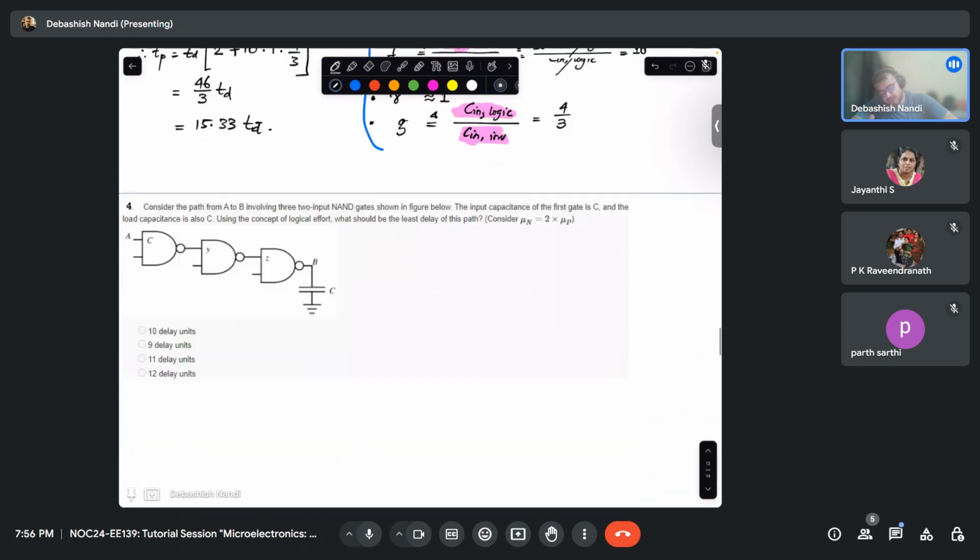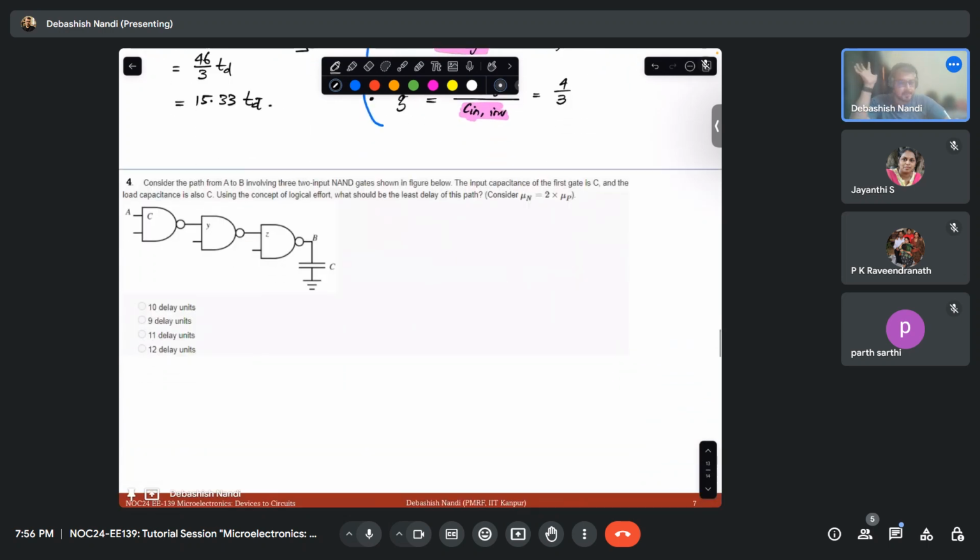So moving on to the next problem. Again the same thing, we want to find out the delay. First thing we need to understand is what the sizing should be. So let's say this is stage 1 TP1, this is TP2, this is TP3.